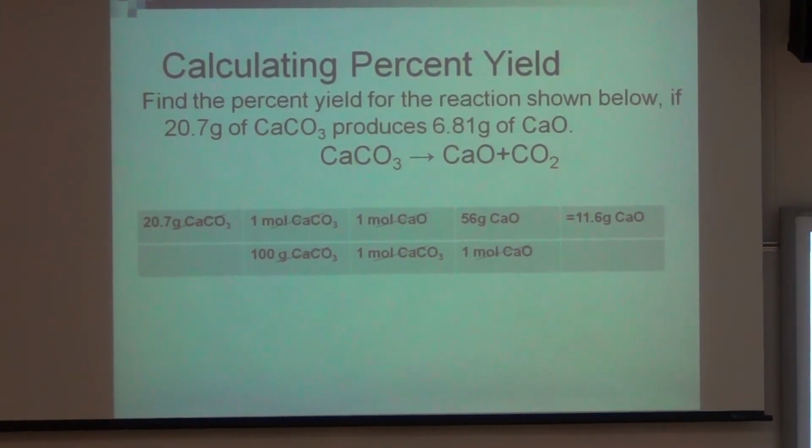And this tells us that if everything was perfect, we would form 11.6 grams from 20.7 grams. That would be your ideal case. That's your theoretical yield.